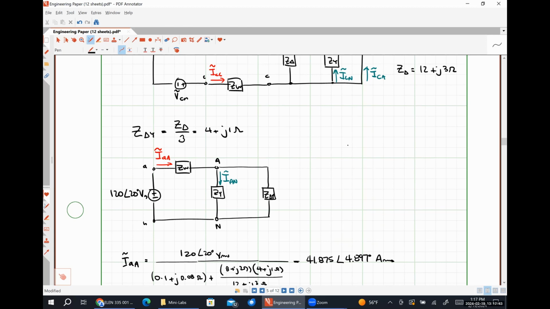All right, so any other questions before we move on to the next bit here? All right, so how would we solve for our phase current through our Y-connected impedance? Current division, absolutely.